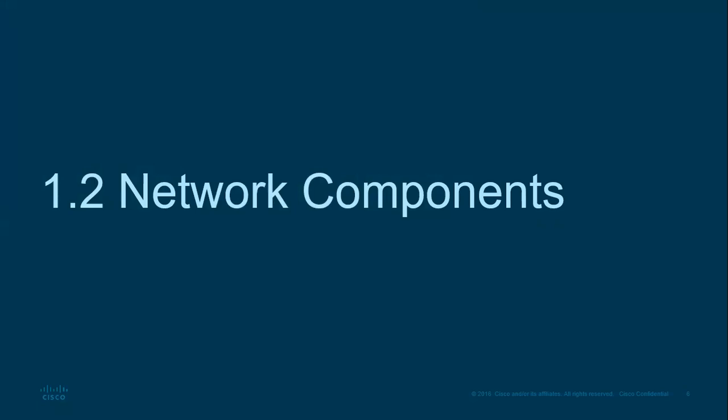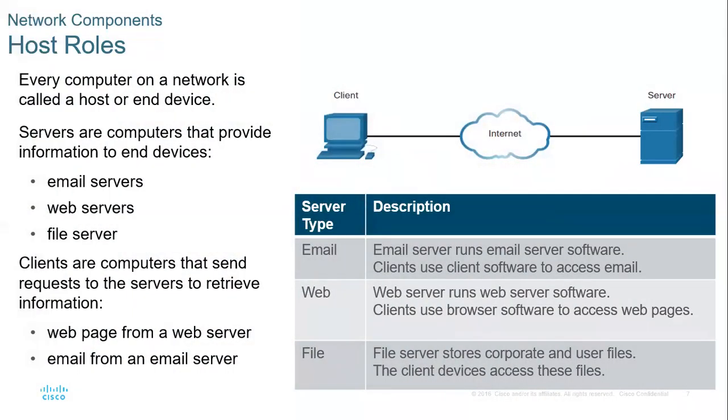Now we'll talk about the components of the network. Here we have a small example between client and server. The client is where you are using the internet to access any server in the world.